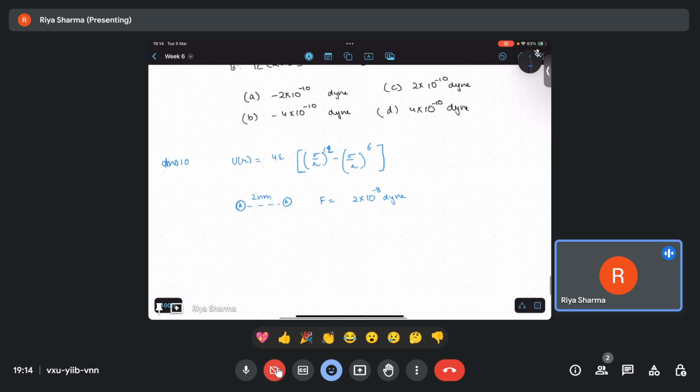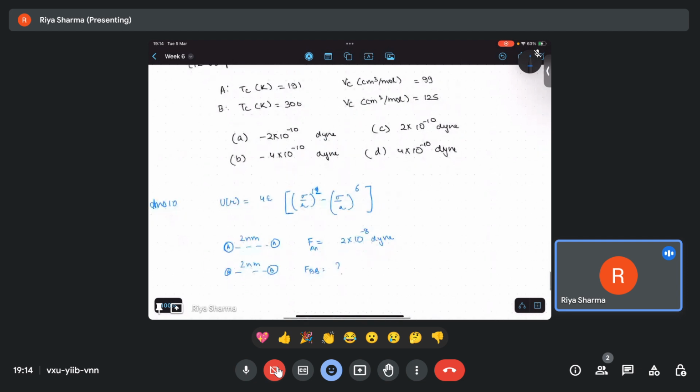Now they are asking about another pair whose parameters are given. What is the force? We have Tc equals 191 Kelvin, Vc equals 99 cc per mole, and here Tc equals 300 Kelvin, Vc equals 125 cc per mole.